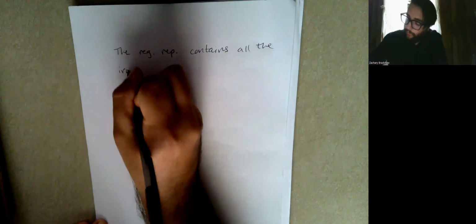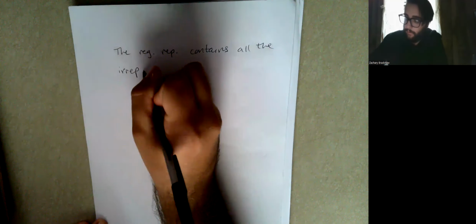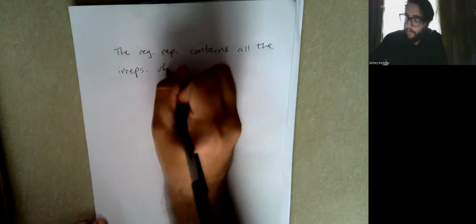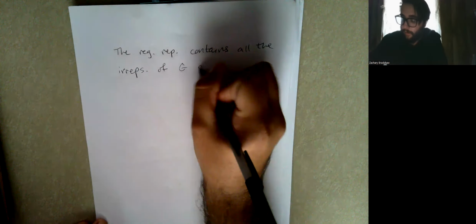Okay, so why do we care about this representation? Well, the regular representation contains all the irreducible representations of G as constituents.